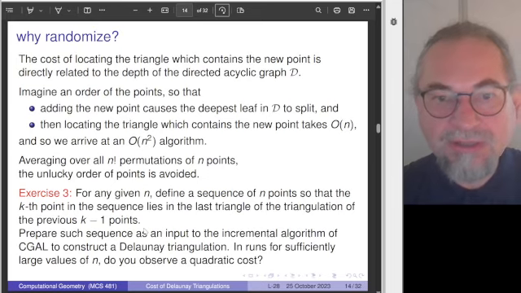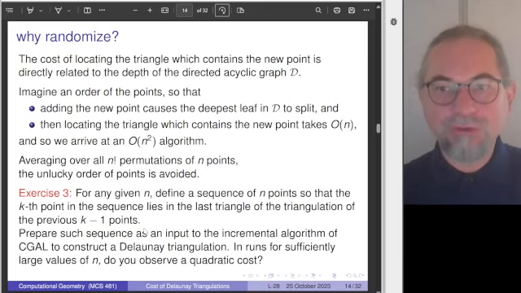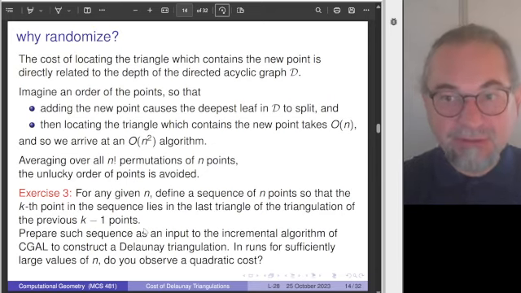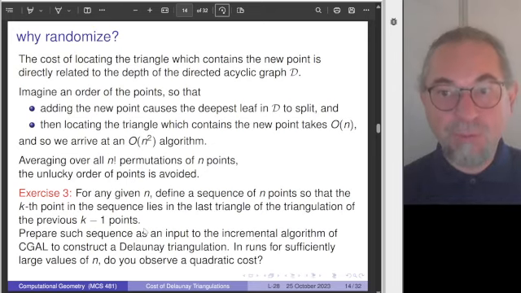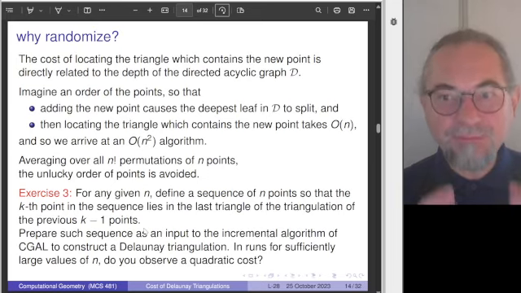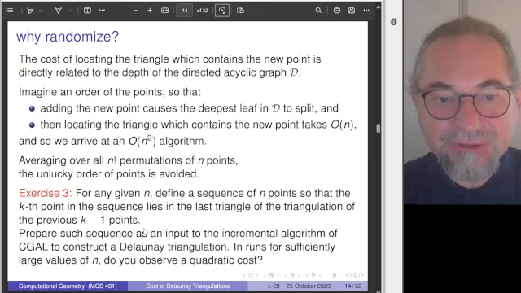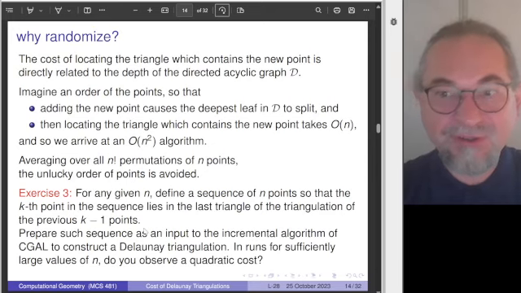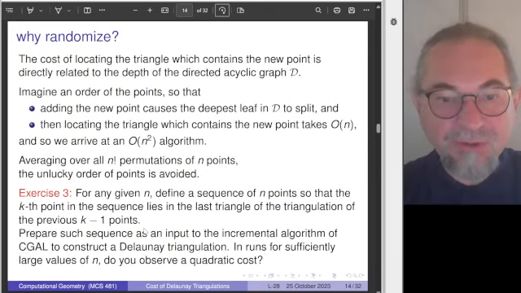We randomize because we know that the very unlucky orders in which you always replace the last added triangle, if you do that, then indeed the graph will become deeper and deeper in every step, in every point that you add. If you do that, you have to be extremely unlucky. So the point of exercise 3 is more geared towards building such an analysis.